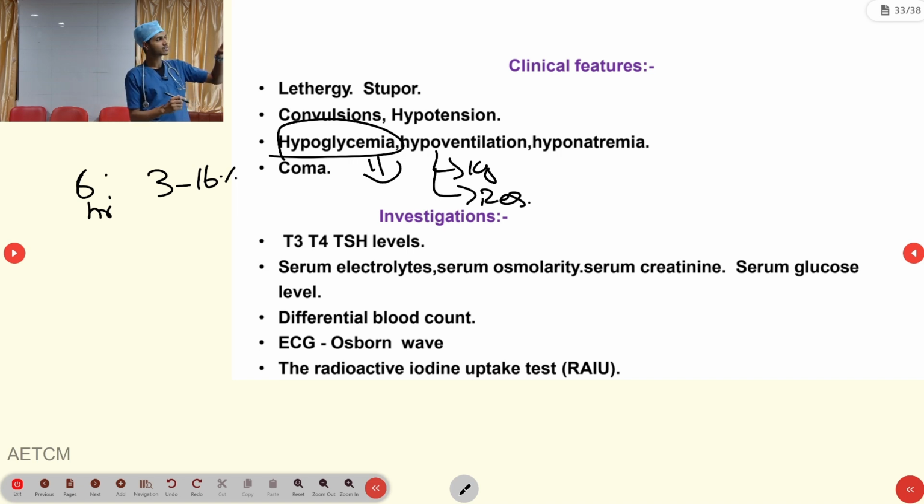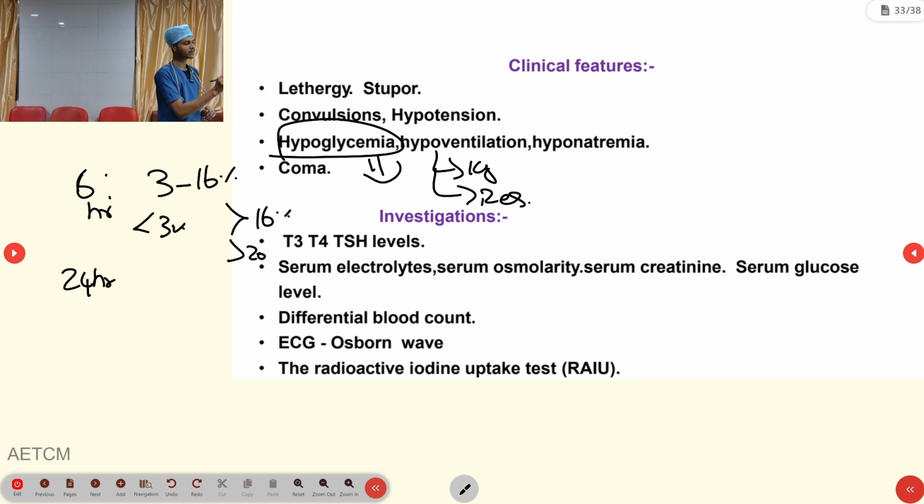If it is less than 3%, that indicates hypothyroidism. If the body is taking up more than 16%, or ideally more than 20 or 35%, that indicates hyperthyroidism. And then some institutions follow the 24 hour protocol.